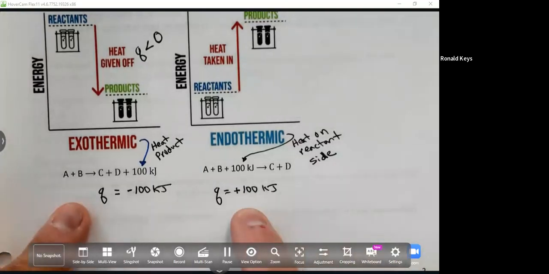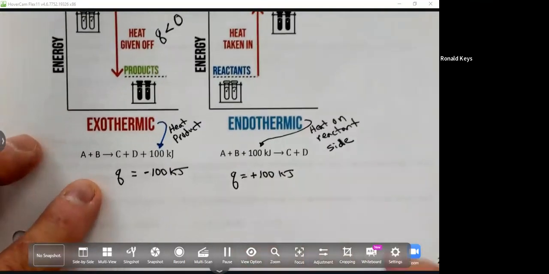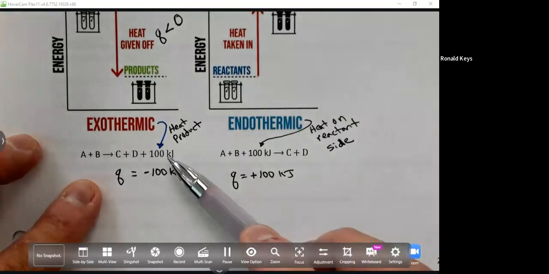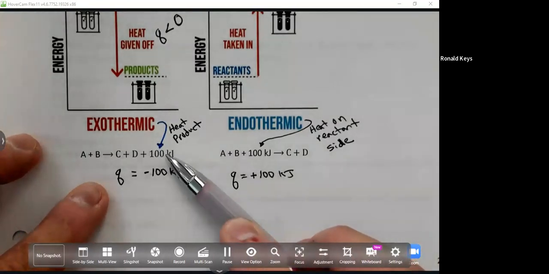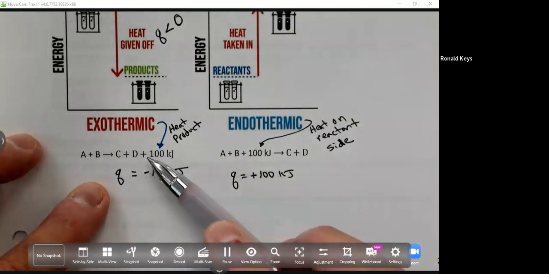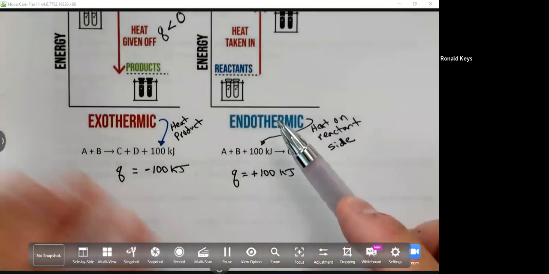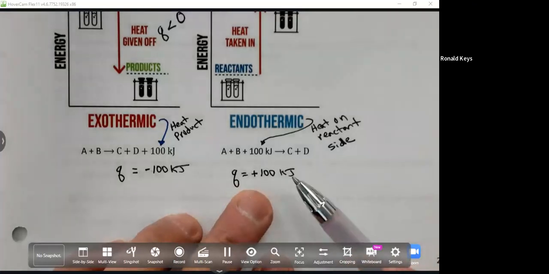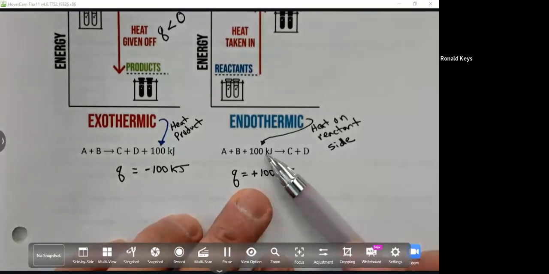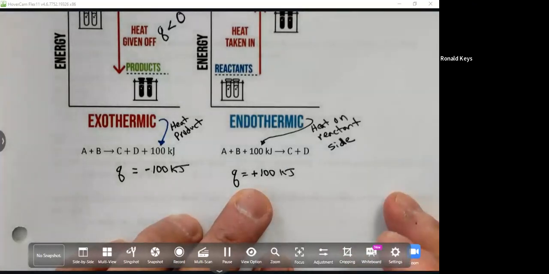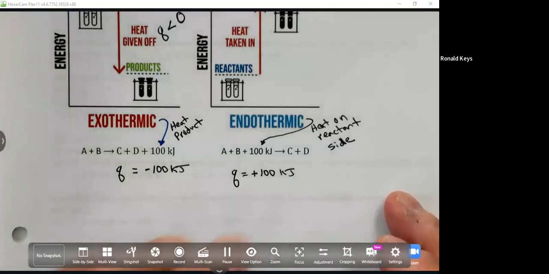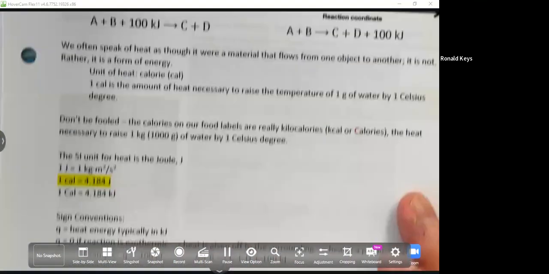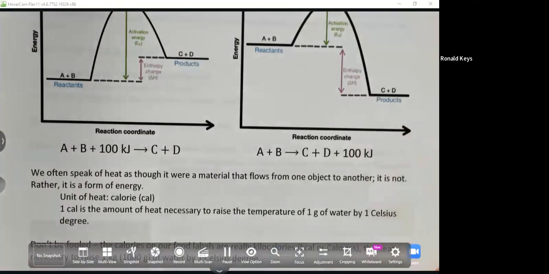So this summary right here should help a lot when you're doing your OWL in the beginning. Again, if we get negative, it's exothermic. Heat's going to be on the product side, but as a positive number. If it is endothermic, we got to put energy into the reaction. It's going to be positive and it's going to be on the reactant side. And typically you'll see an energy diagram like this.